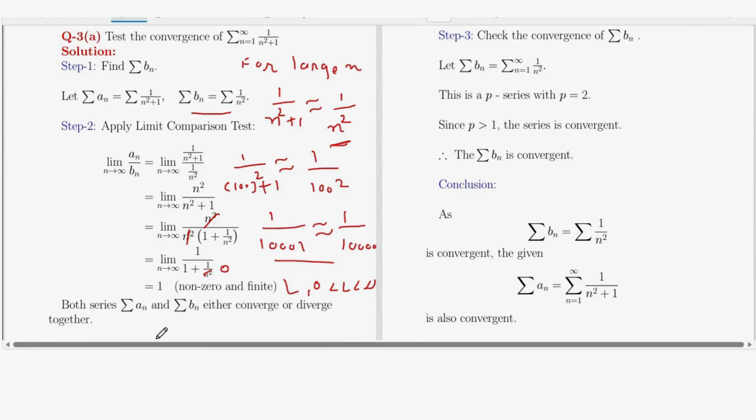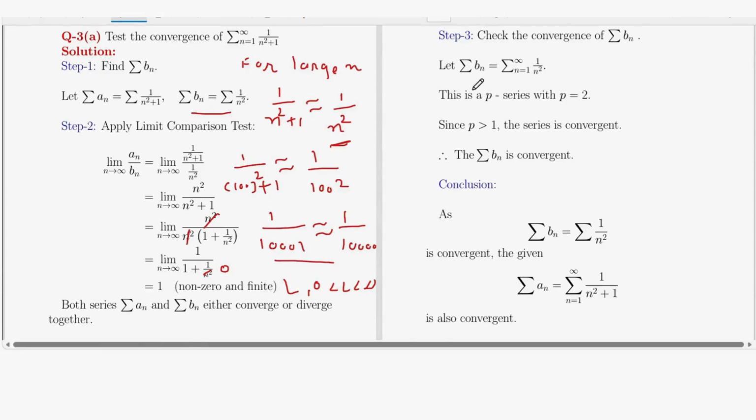So that's why we conclude both series An and Bn either converge or diverge together. मतलब कि अगर Bn सीरीज कन्वर्जेंट है तो An भी कन्वर्जेंट है, Bn डाइवर्जेंट है तो An भी डाइवर्जेंट है. बराबर है? अब नेक्स्ट स्टेप क्या होगा? नेक्स्ट स्टेप हमें क्या करना है? Bn का कन्वर्जेंस चेक करना है और Bn के कन्वर्जेंस के बेस पे हम An का कन्वर्जेंस फाइंड कर सकते हैं. Okay, so now let's find convergence of series Bn.